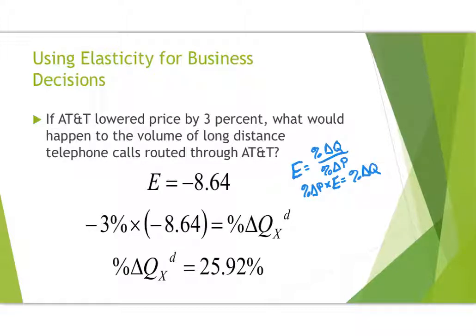So basically just multiply both sides by percentage change in price. That's what I've done here. And so we're going to see quantity go up 25.92%. So we lower price 3% and we get almost a 26% increase in our quantity of sales. So our total revenue is going to go way up because we have a small decrease in the price and a large increase in the quantity.